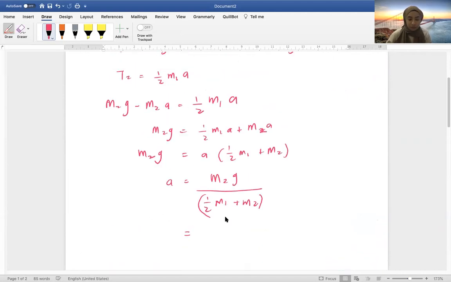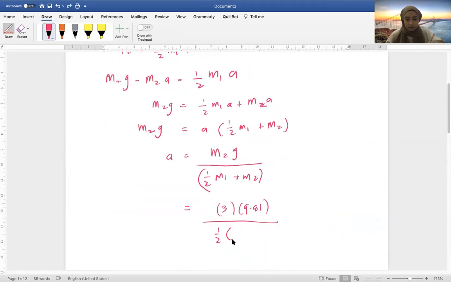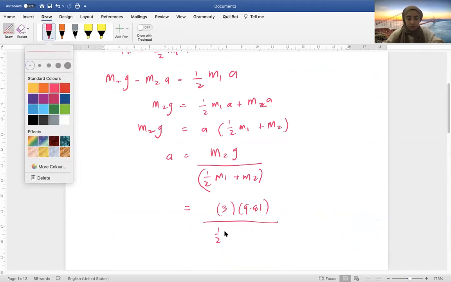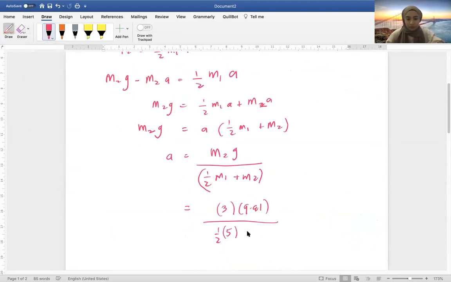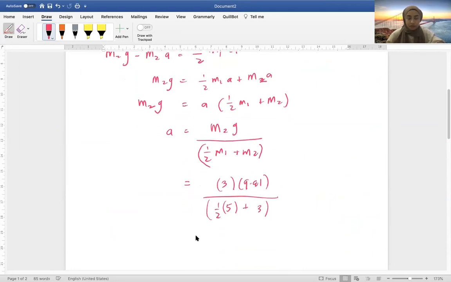So just substitute that. 9.81. 1 over 2. M1 is, sorry, it's not like that. M1 is 5 plus 3. Okay, so the answer is A equals to 5.35.